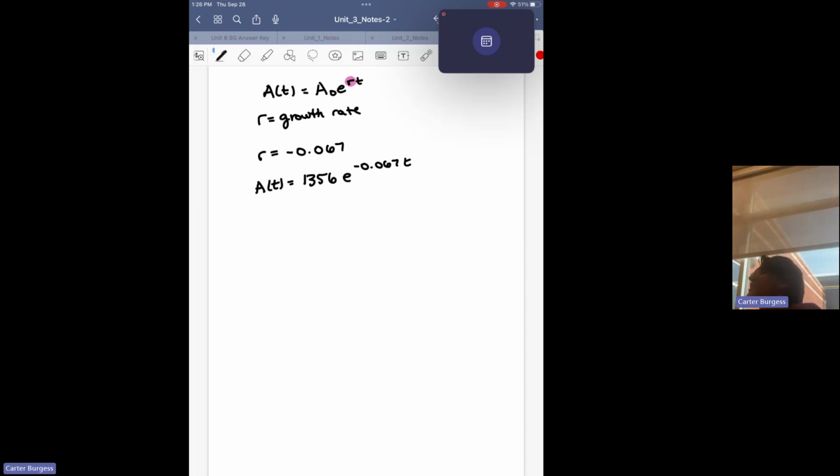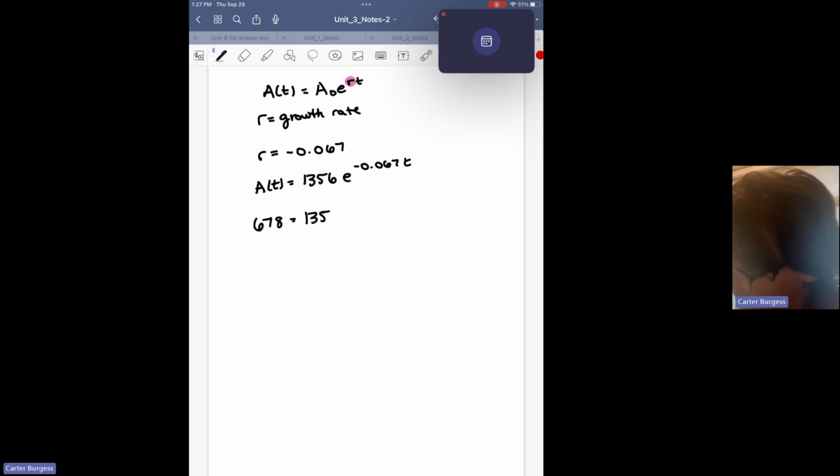And in particular, what is the t value that we are looking for here? Yeah, when we have the half-life, which means how much of our original stuff is going to be left? Half of it. What is half of 1356? Did anyone do this? 678. So when 678 is equal to 1356 e to the negative 0.067 t.